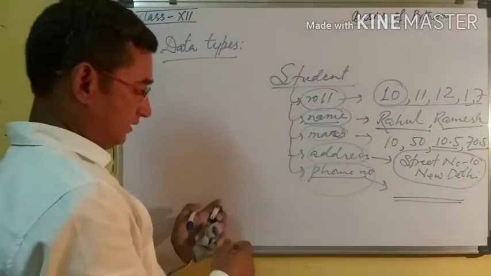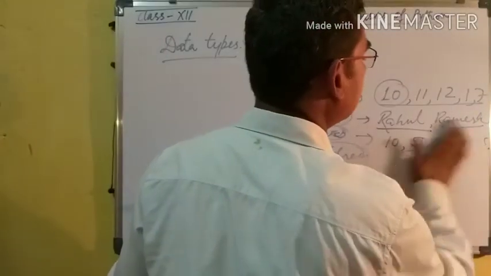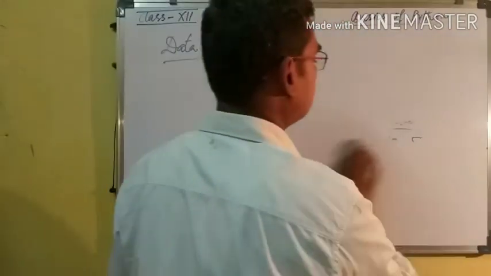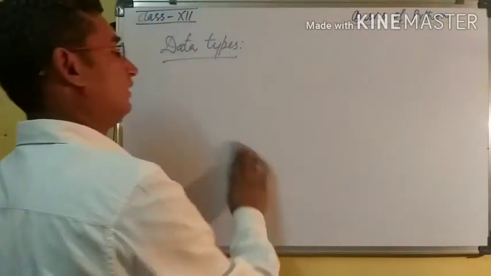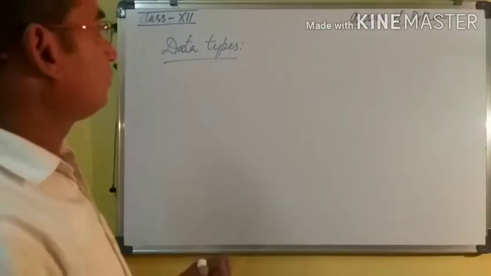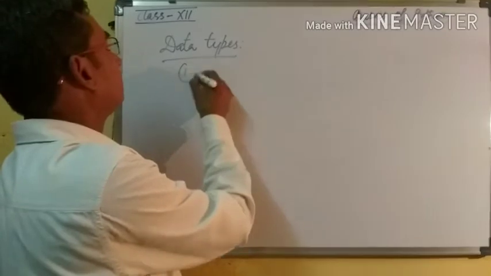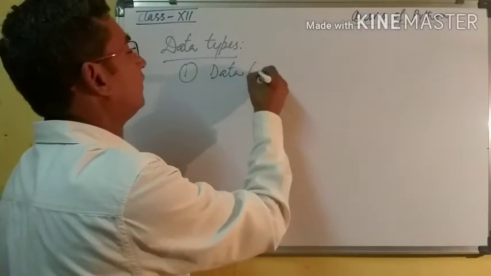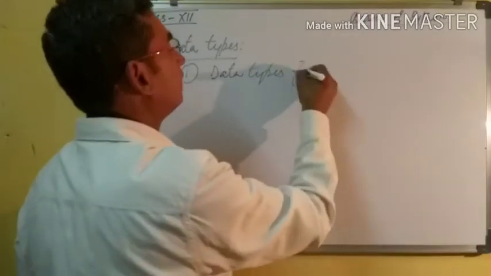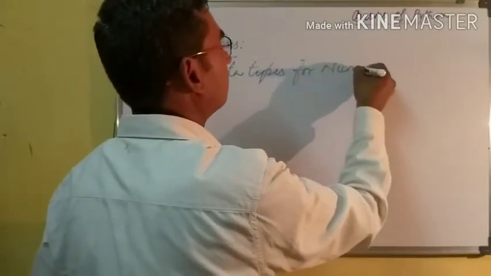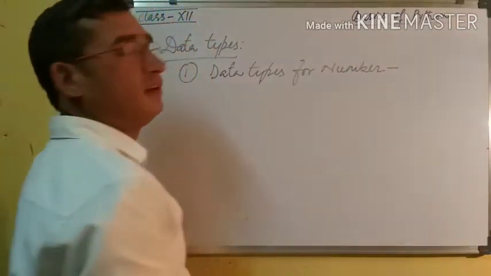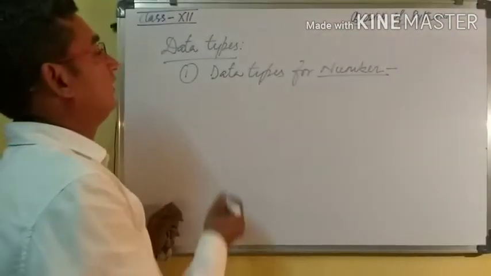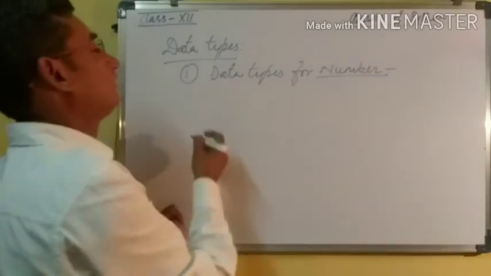In Python, basically Python offers different built-in core data types. The first core data type is data types for numbers. If you have a number, then there are some data types.